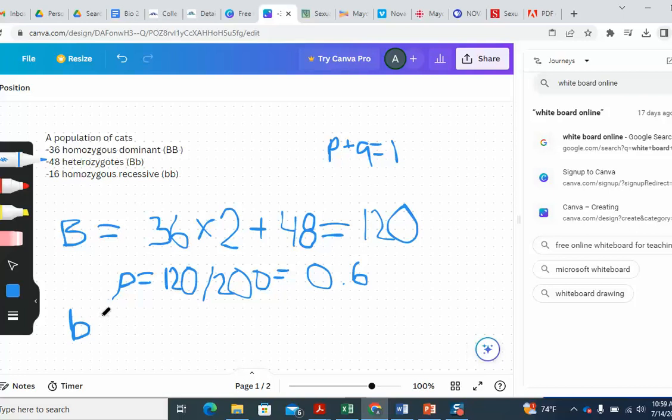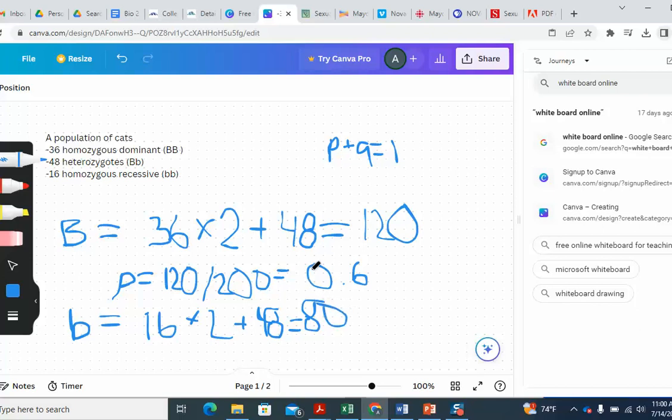We could add it up. So we are going to have 2 little b's in each of the homozygous recessive individuals. So 16 times 2 plus 48 again, because each of the heterozygotes is also carrying one of these alleles. So that is going to equal 80.